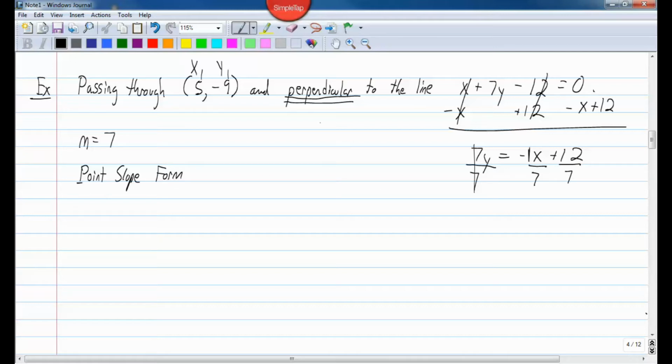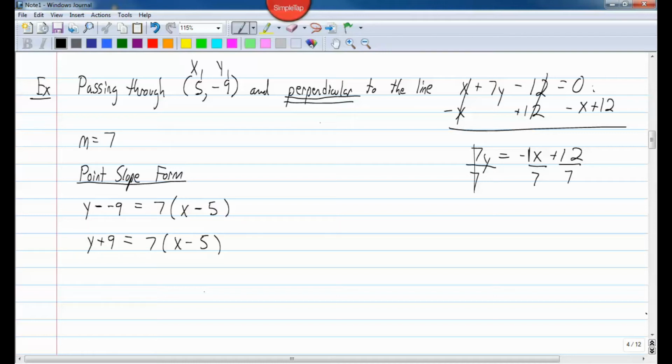The way that I do that is I'll say y minus y sub 1, which is negative 9, equals m times x minus x sub 1. Alright, so that's y plus 9 equals 7 times x minus 5.